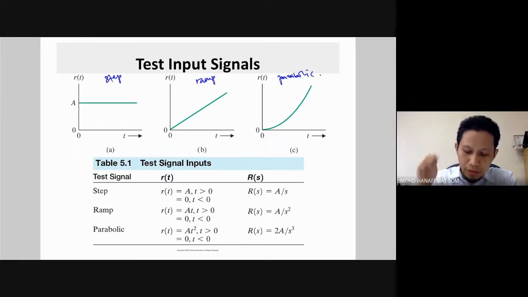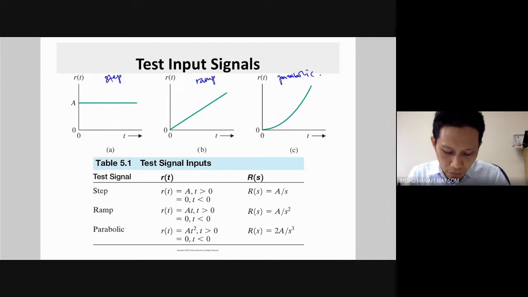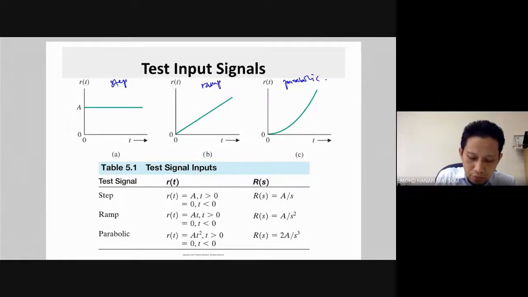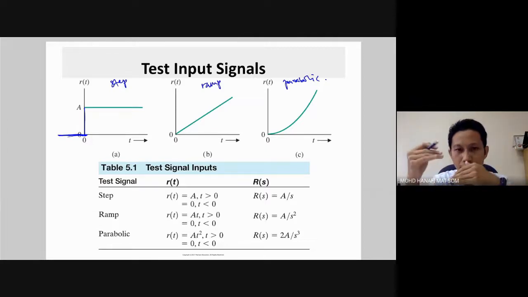Okay, so the step function is actually r(t) equals A for t greater than 0, and 0 for t less than 0. So if you extend the plot, it becomes something like this. At 0, it becomes A, and then it's constant A, regardless of the time.